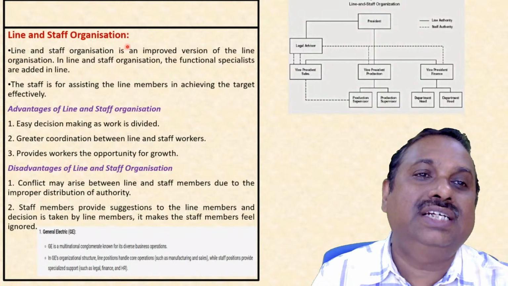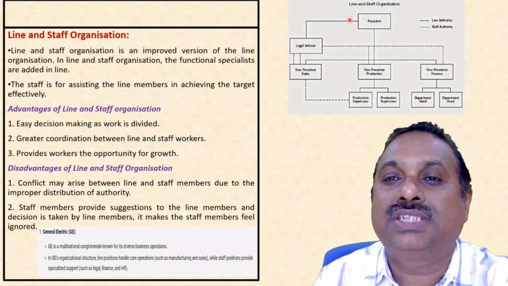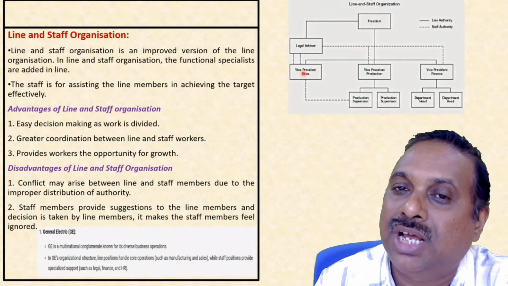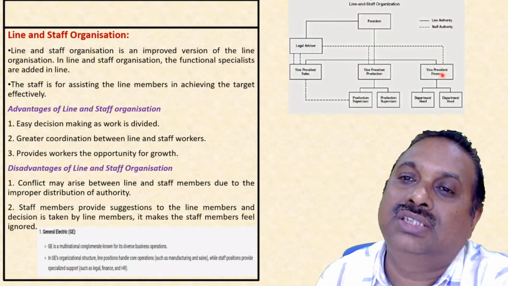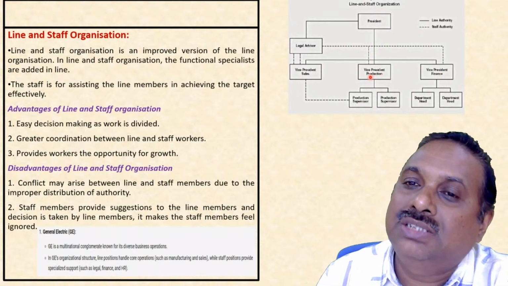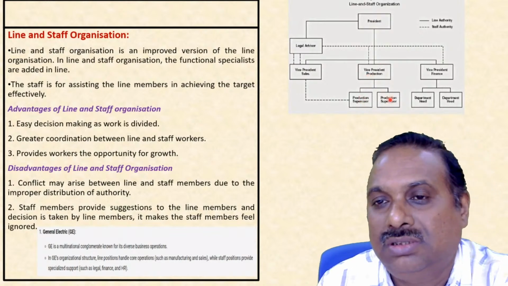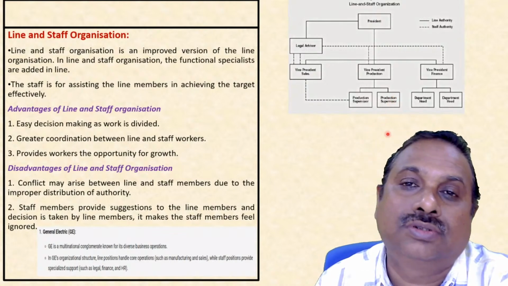Next is line and staff organization. Suppose here you have the president, right? Under him you have 3 vice presidents: vice president sales, vice president production, and vice president finance. Under the vice president production, you have a number of production supervisors to carry out some jobs.